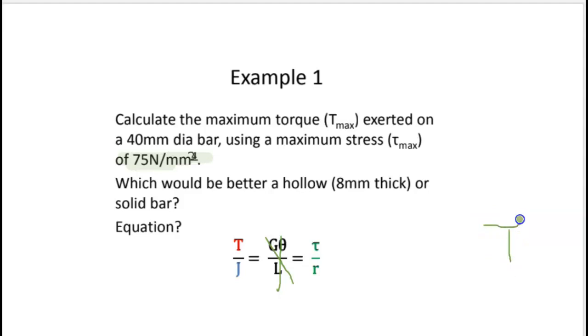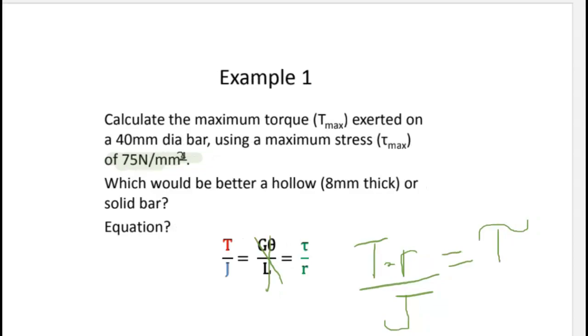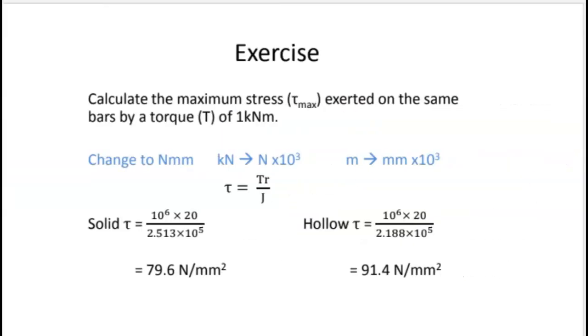That equals T times R over J, where the shear is the stress, T is the torque, R is the radius, and J is the second moment of area.